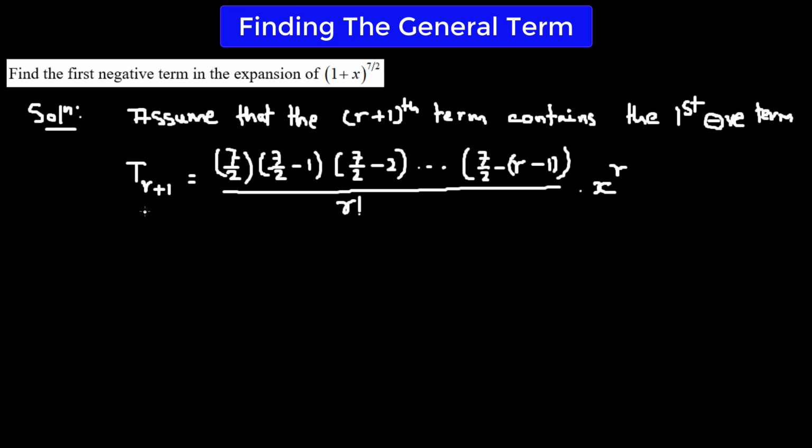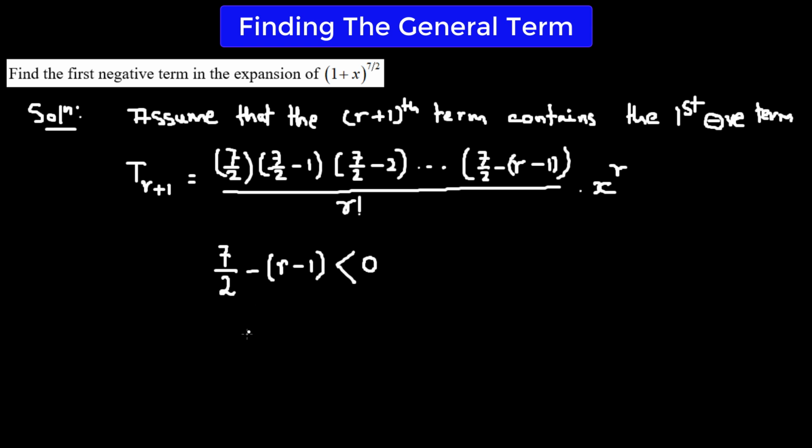Since we have assumed this is the term which is going to be negative, this is possible when 7/2 - (r - 1) is less than 0. So this is possible when this is a negative number.